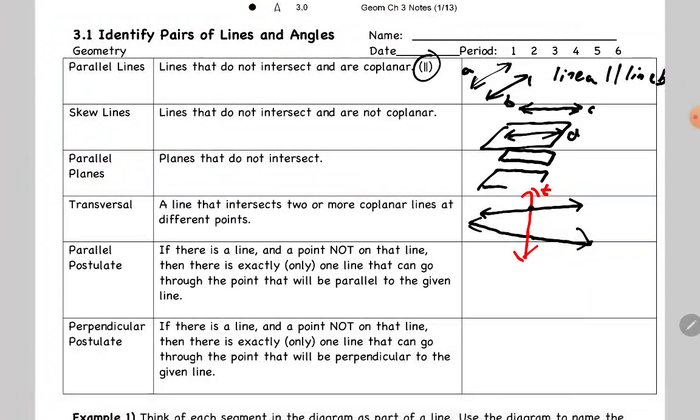So it intersects that line there and that line there, line A and line B. So line T is the transversal.